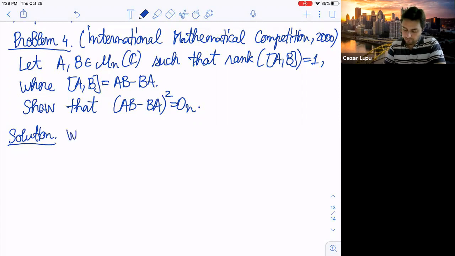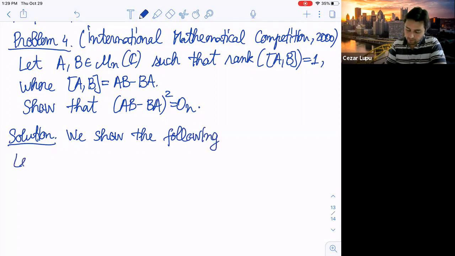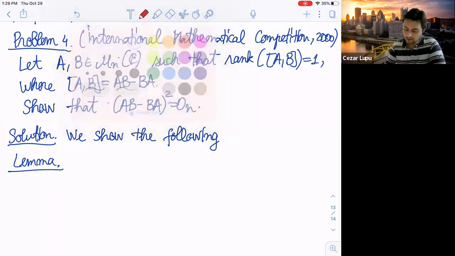So we show the following lemma. And the lemma says the following, let me write it with a different color.